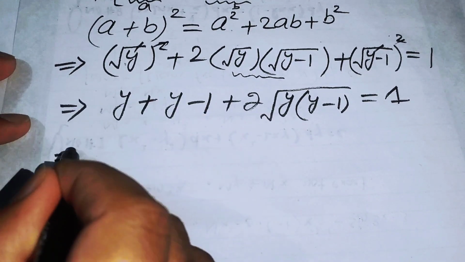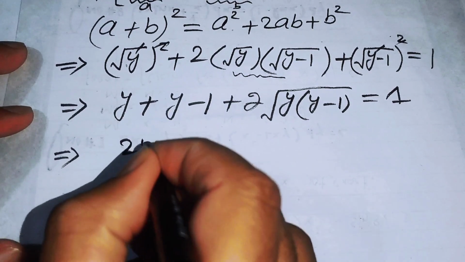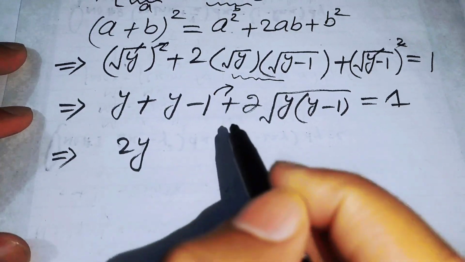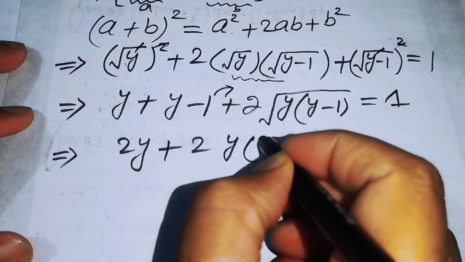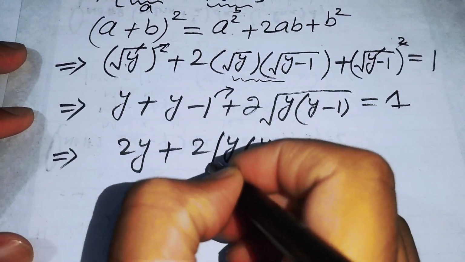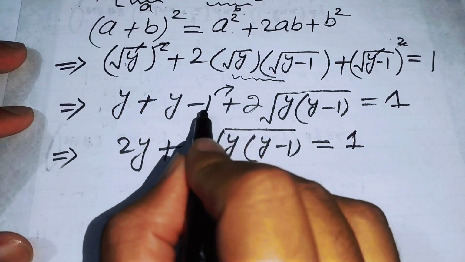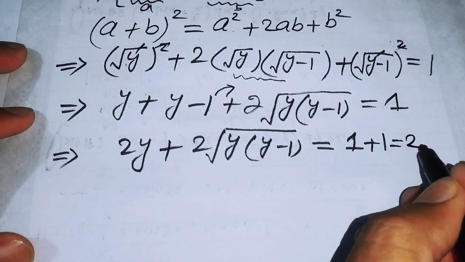After that we will make some simplification. Here we have y plus y, it becomes 2y. We move this minus 1 to the right hand side, and here we have plus 2 times square root of y into y minus 1 is equal to 1. Here you have minus 1, and 1 plus 1 is equal to 2.